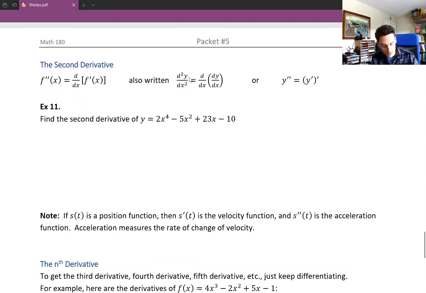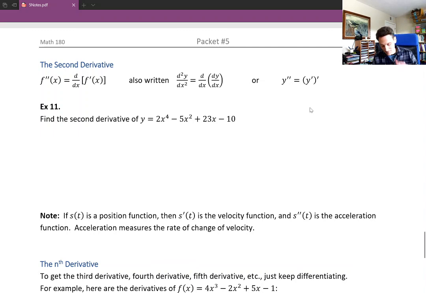Using Leibniz notation, it's a little bit funky looking, but you write it d squared y over dx squared, so that means the second derivative of y with respect to x. And again, all it means is take the derivative of the first derivative. Using just prime notation with y's, you can write y double prime, which just means y prime prime.